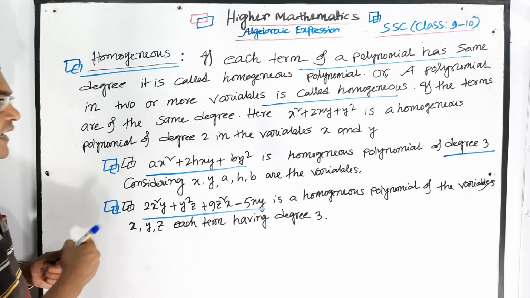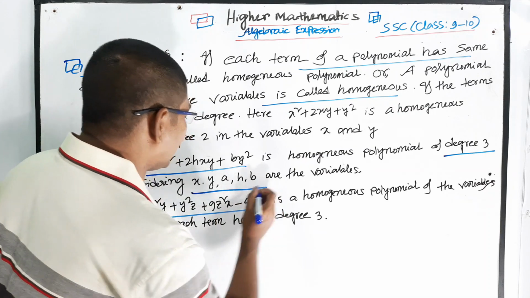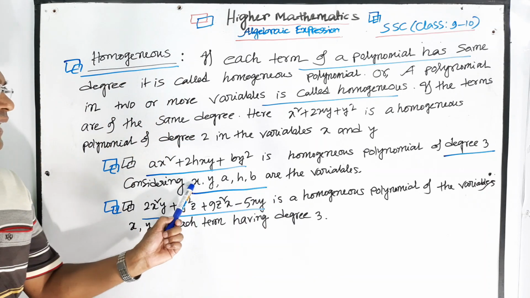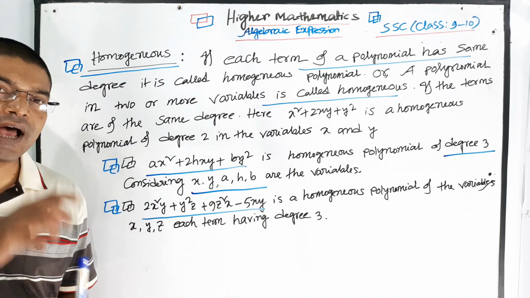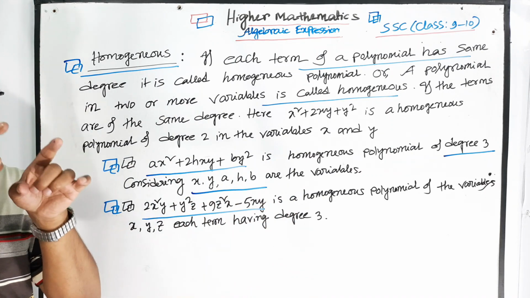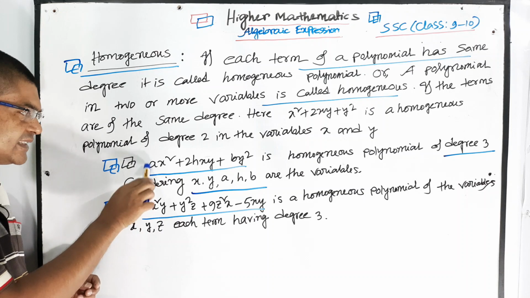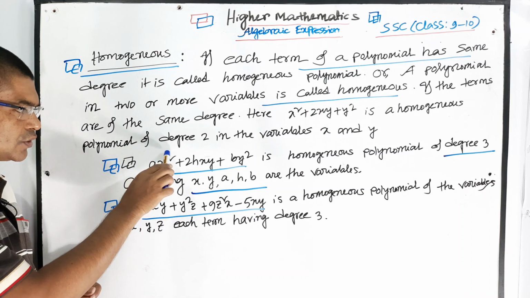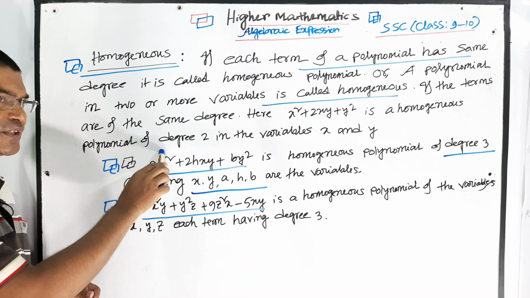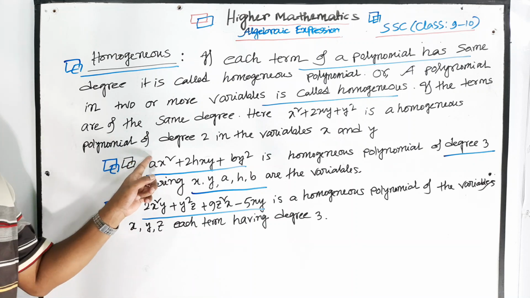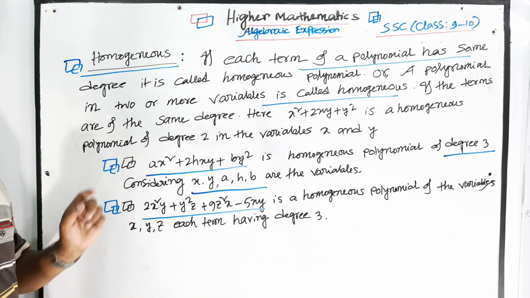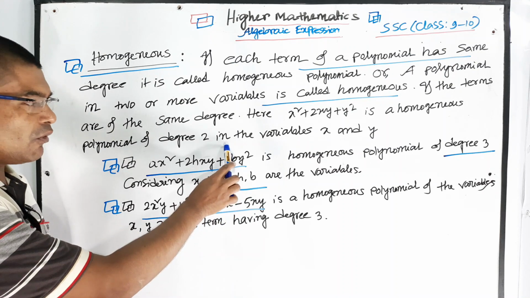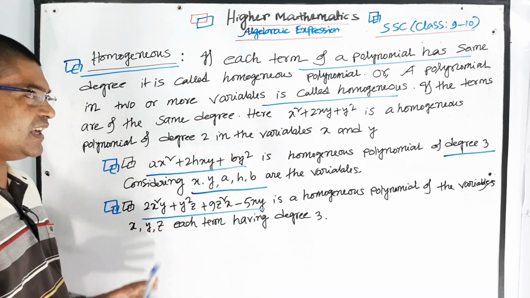Here, you can see, considering x, y, a, h and b are variables, we have to count the variables' power. Here is a to the power 1. So here is 2x square, that means 2 plus 1. So we will get here 3, degree is 3. Here is b to the power 1 and 2 plus 1, 3.